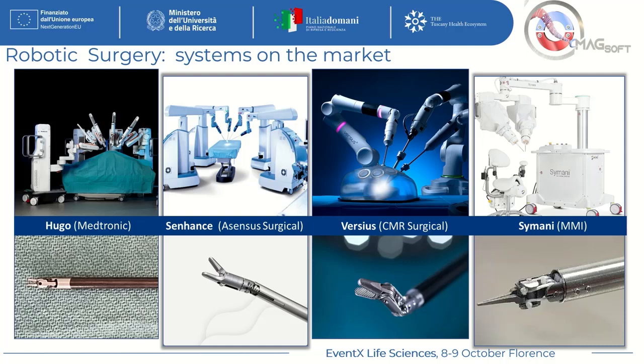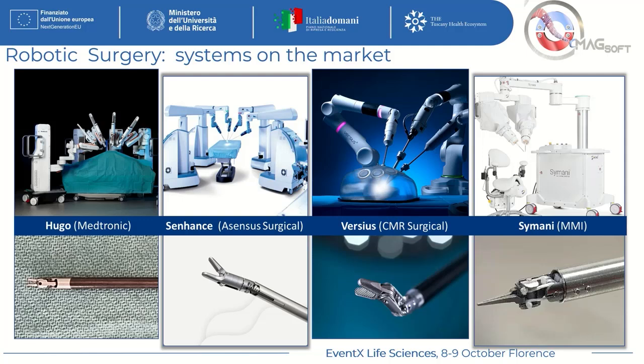So again, the approach is the same. You have multiple arms entering into the body, and the surgeon is helped in terms of ergonomics and visualization in 3D thanks to specific interfaces. Or the Senhance system. It is a system developed now in the USA, but originally it was nurtured in a pharmaceutical company in Milano.